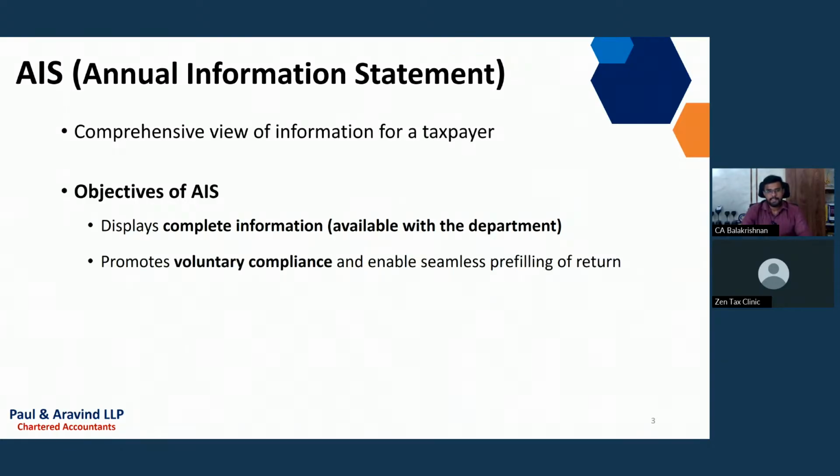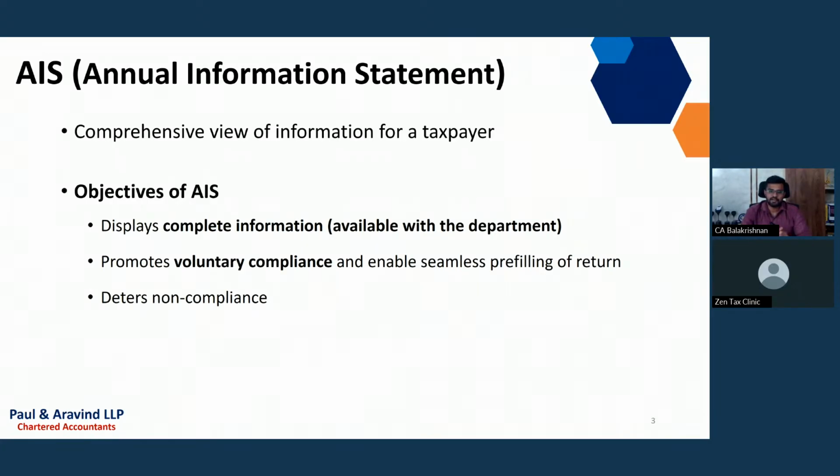The other objective of AIS is to encourage the assessee to voluntarily comply with the provisions of income tax, that is, offering correct income and expenditure and computing total income correctly. This will also prevent non-compliance.